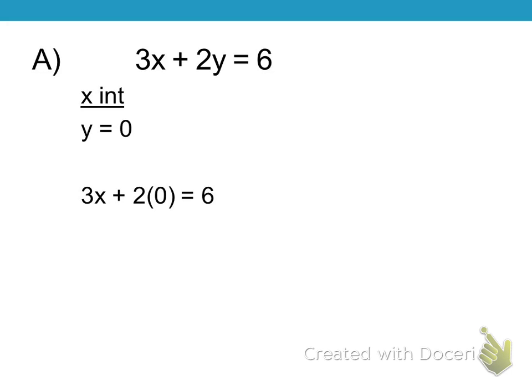Now, these are really nice when it's in standard form because one of the terms should just become a 0. All right, so we're left with just 3x equals 6. So what does x equal? 2. Very good. But I want to write it as an ordered pair, (2, 0). That's my x-intercept. What are your questions?